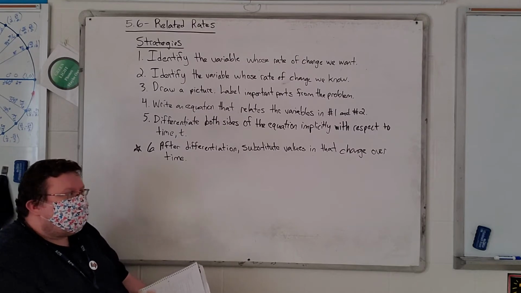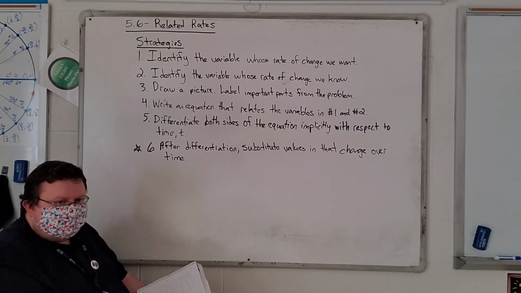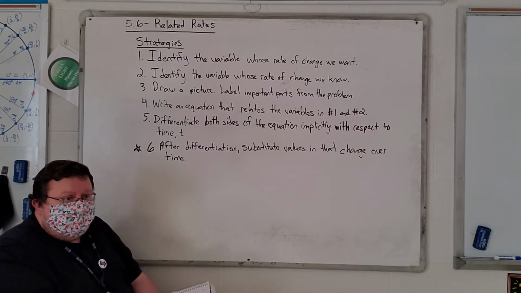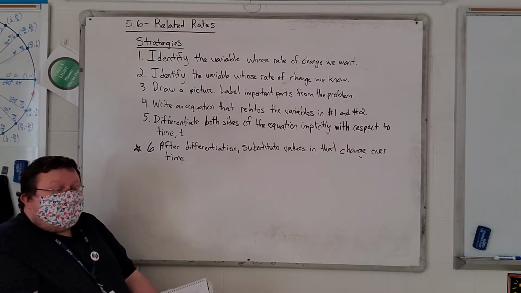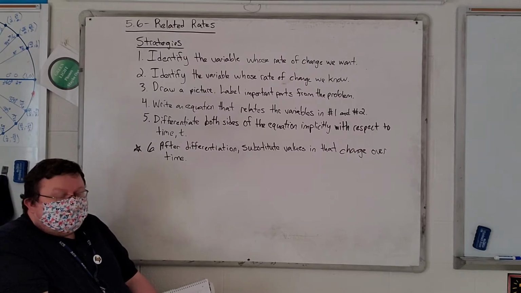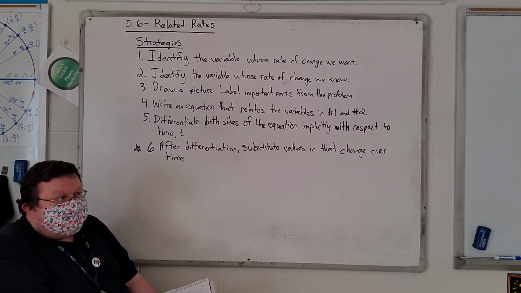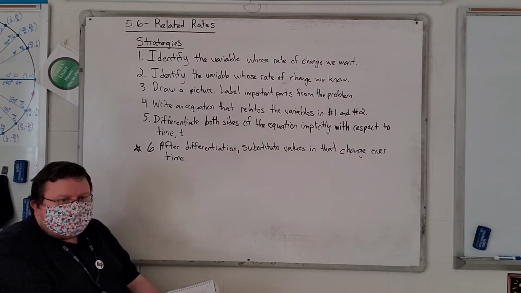So maybe I want to know, at what rate is the radius changing? If I'm releasing air from this balloon, my volume is changing by a negative rate because it's decreasing, negative 1 cubic centimeter per second.